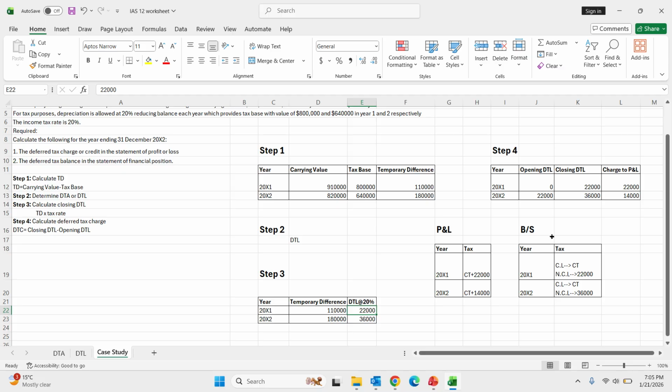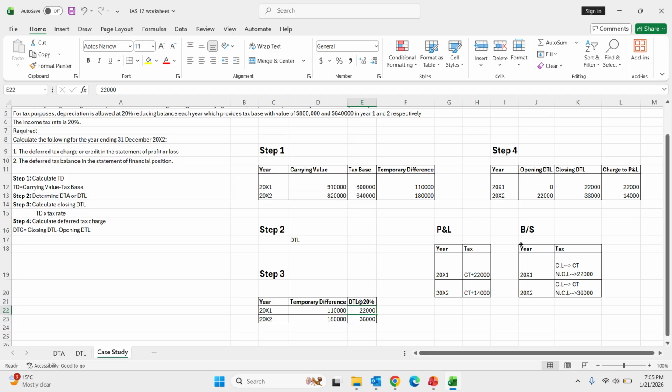And for the balance sheet, you see there is no current tax given. As I have discussed before, the current tax will be considered a current liability, and the deferred tax amount will be considered a non-current liability because it is usually set off in a period of 2 to 3 years.